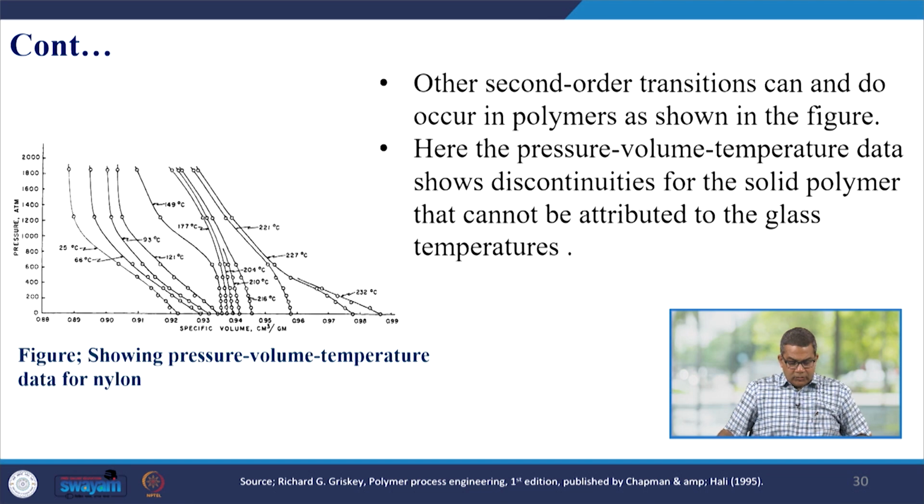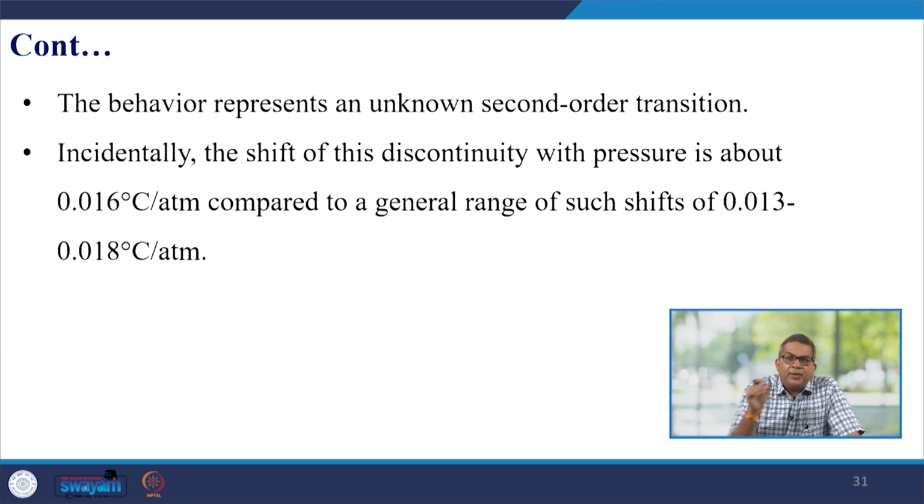Now here you see that the second order transition can and does occur in polymers, which is represented in this particular figure. Here the pressure, volume, temperature data shows the discontinuities for the solid polymer, and that cannot be attributed to the glass transition temperature. So the behavior represents an unknown second order transition.